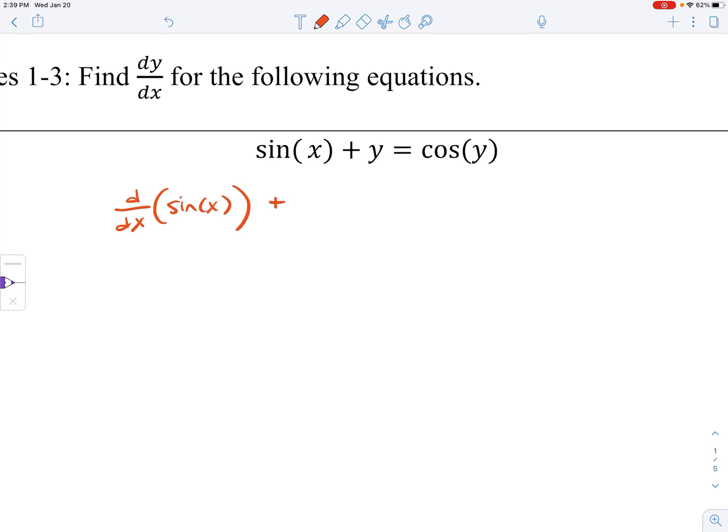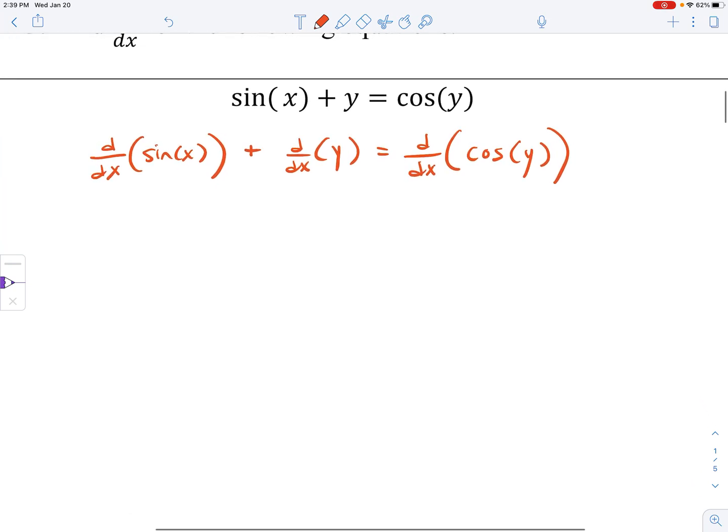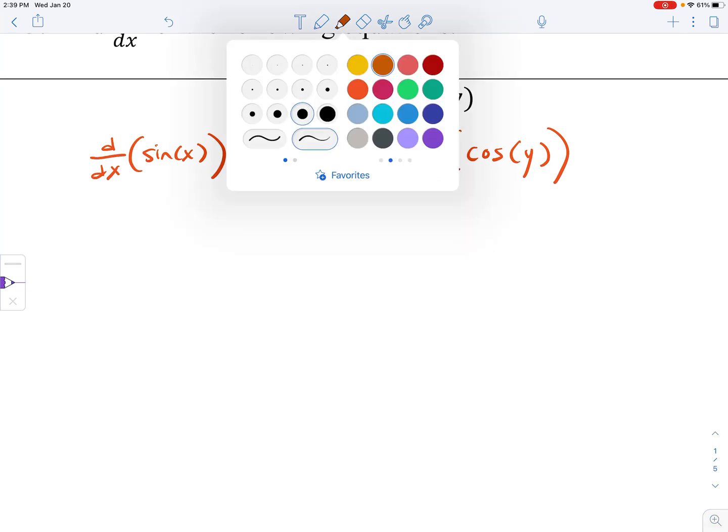So for each term, I'm going to write d over dx of sine of x, and that means we're differentiating sine with respect to x, d over dx of y, and d over dx of cosine of y. So this is just the statement. This line states that we are differentiating with respect to x.